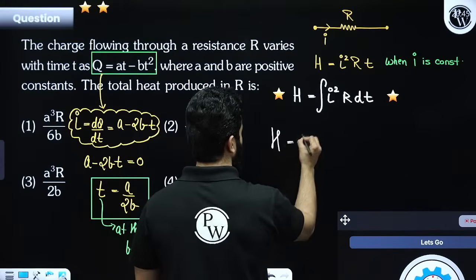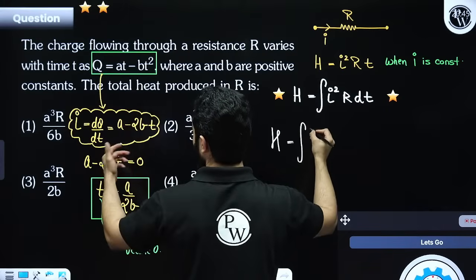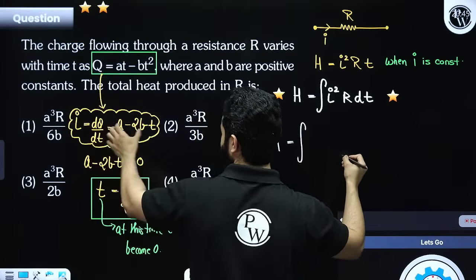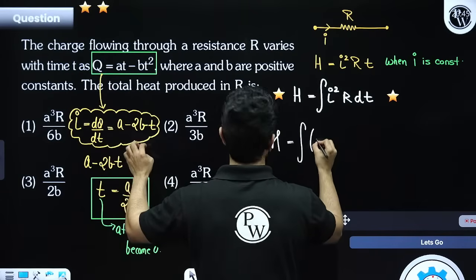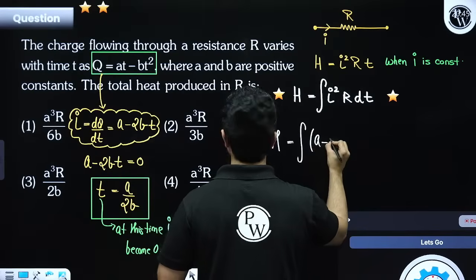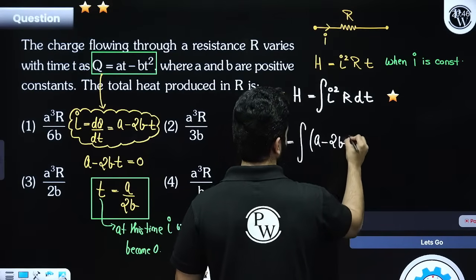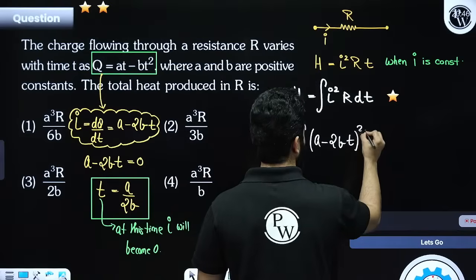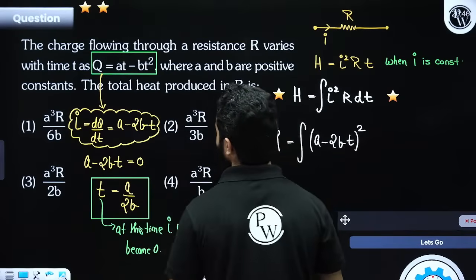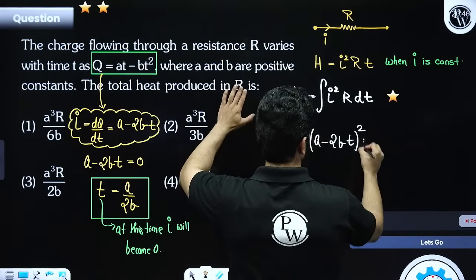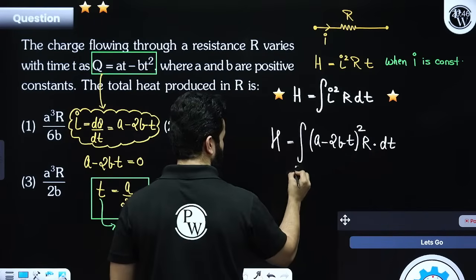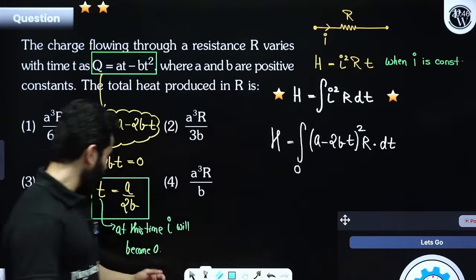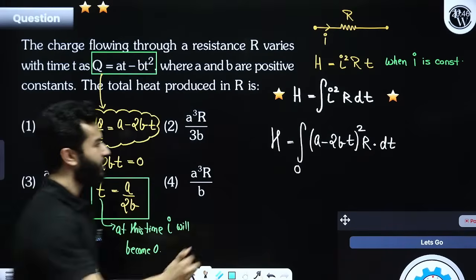Heat is equal to the integration of, now obviously if you integrate this current you are going to get to this, but fine, let's write it down. So you have got A minus 2bt, but you need to square it, multiplied by R, the value of resistance, dt, and you need to integrate it from 0 to t, and that value of t is this, A by 2b.